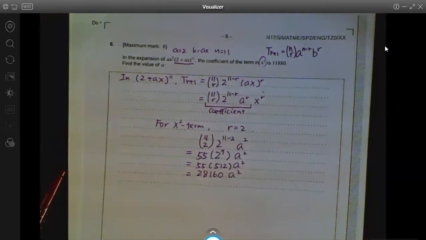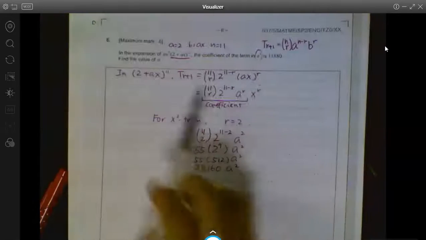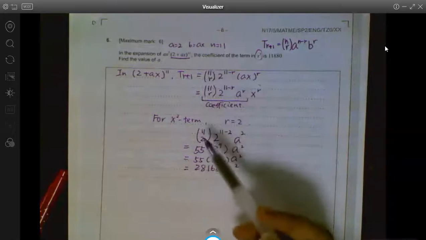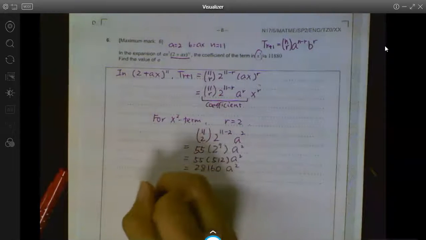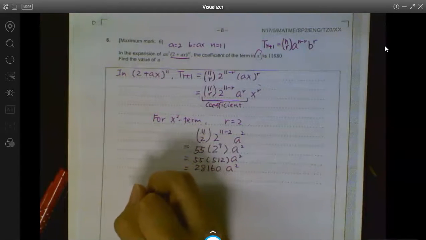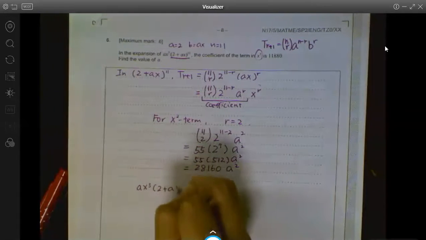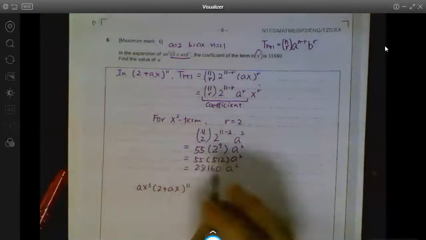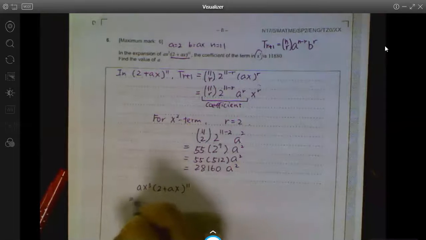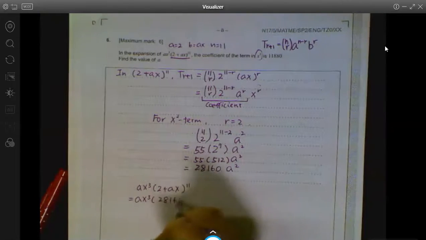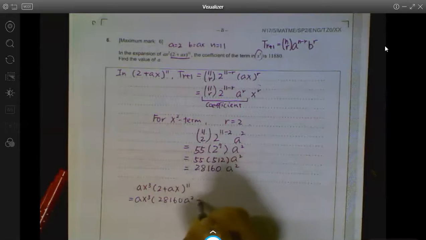Now remember that this is the specific term, and in the expansion of this first bracket, there are actually many other terms. So when we expand the whole expression, we need to include this term we found, 28160 a squared. We also need to tell them there are other terms by writing plus dot dot dot.